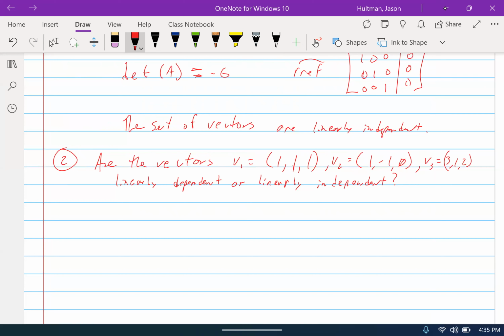Okay. So again, we're going to go C1 times V1 plus C2 V2 plus C3 V3 equals 0. And so this is going to be C1 times 1, 1, 1 plus C2 times 1, -1, 0, and then C3 times 3, 1, 2, equals 0, 0, 0.